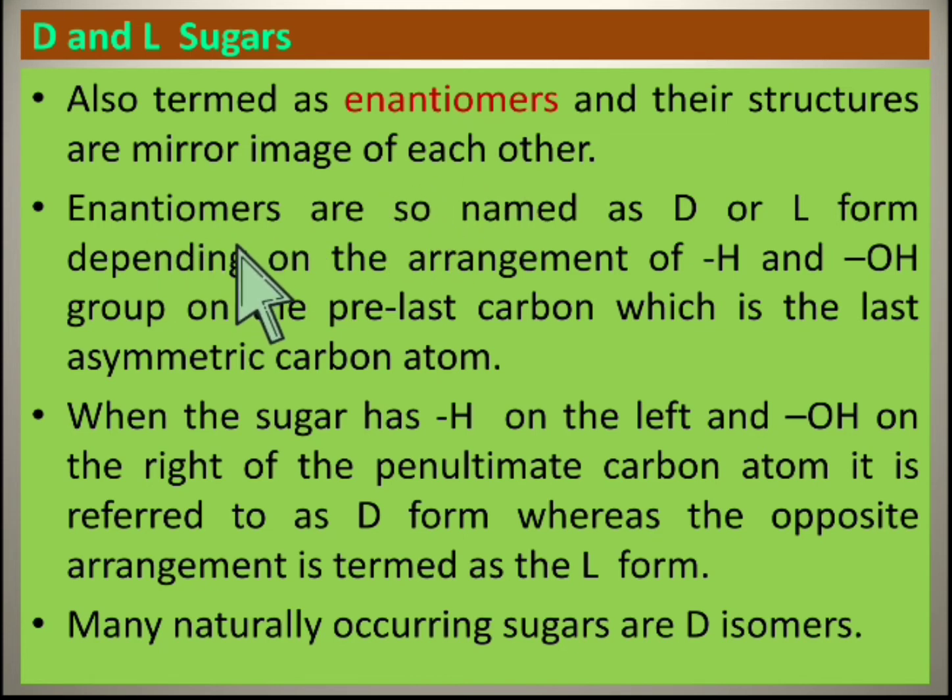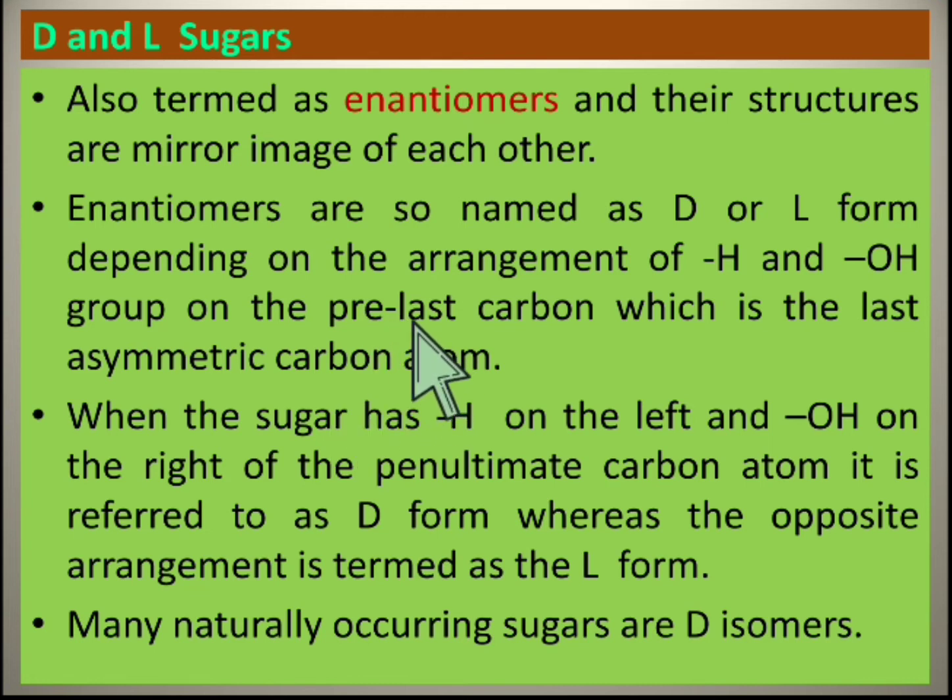Now, why these enantiomers are named as D and L form depends upon the arrangement of the hydrogen and hydroxyl group on the pre-last carbon atom, which is also the last asymmetric carbon atom. Here, asymmetric carbon atom or chiral carbon atom, I had already mentioned, is a carbon atom which is attached to 4 different groups.